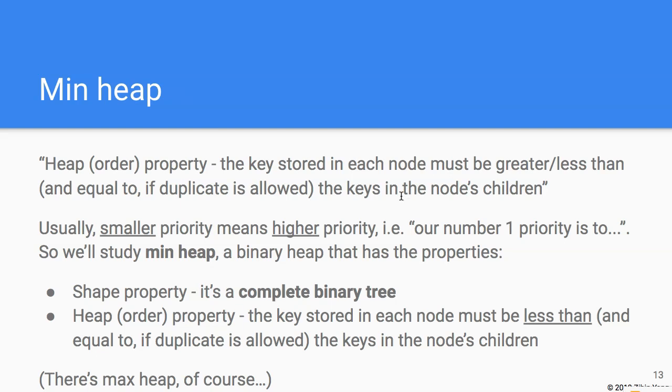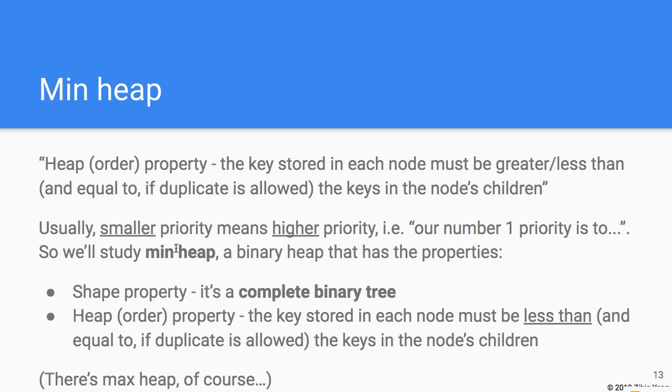So usually when we talk about priorities, we say the data with the smaller priority is the one with the higher priority, because we often say our number one priority is to do so and so.